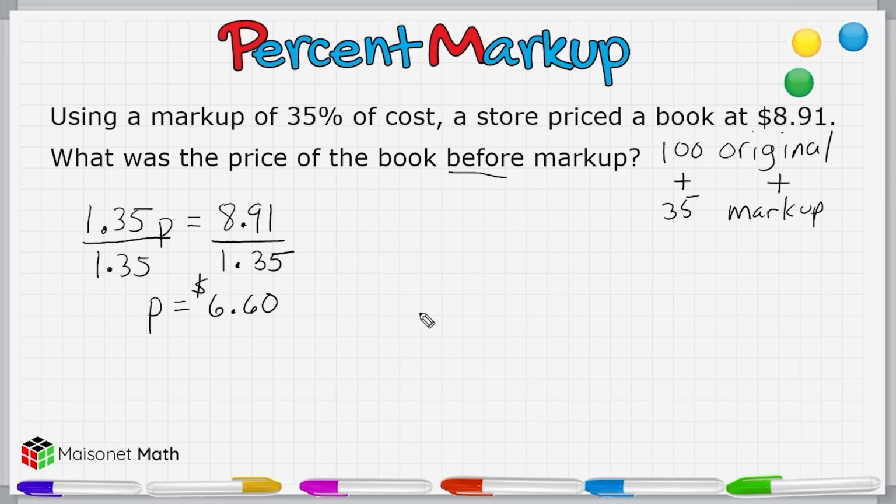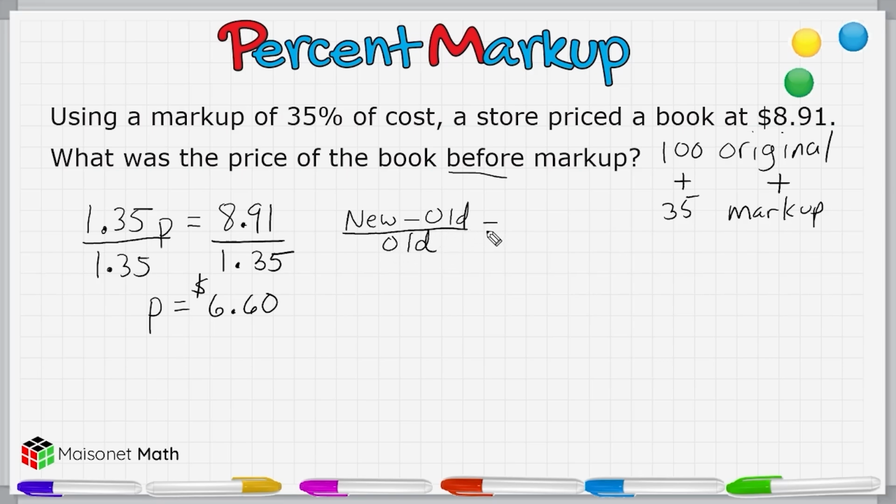All right, now let's take another approach to this problem. Another way to look at this problem is there is a percent increase or a percent change of whatever the original price was. Now the equation that we use for a percent change is we take the new value and subtract the old value and divide that by whatever that old or original value was.